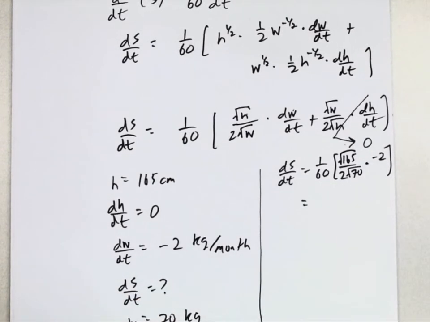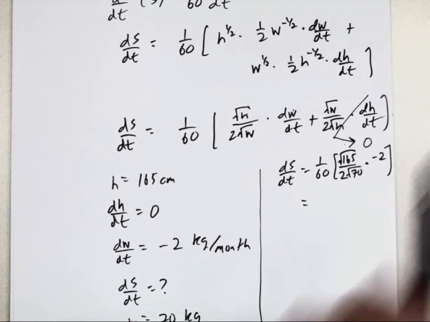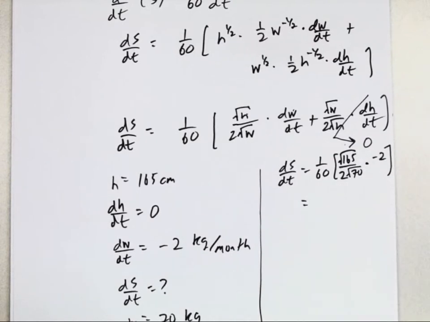Now, I can just grab my calculator and let my calculator do all the hard work. 165 square root divided by 2 divided by 70.